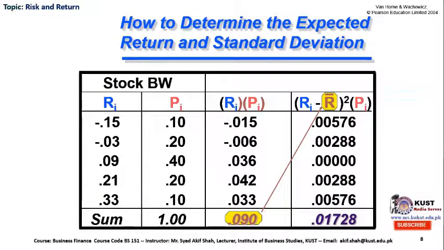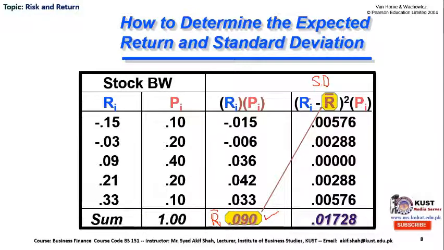Let's come back to our numerical example of stock Basket Wander. We have already calculated the expected return of this stock, which was R bar equal to 9%. This is our expected return. The next phase asks us to find the standard deviation of this stock, which is a measure of dispersion or the risk factor involved if you are going to invest your money in Basket Wander's stock.